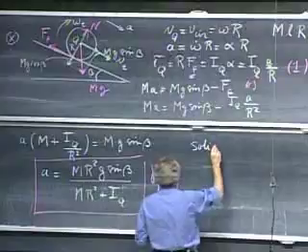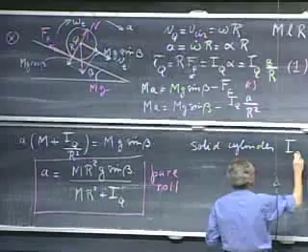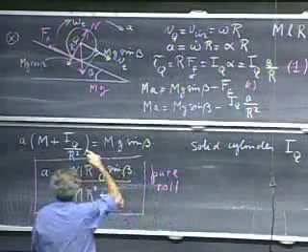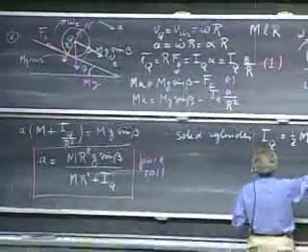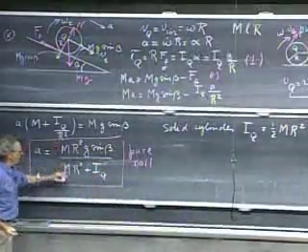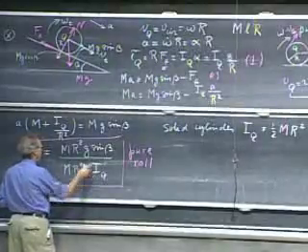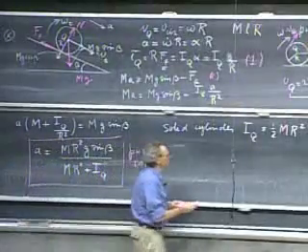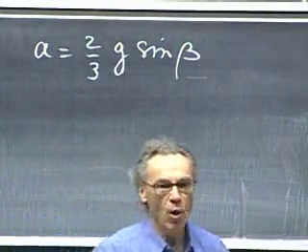If we have a solid cylinder, then the moment of inertia about this axis through the center of mass, which I've called Q, equals 1/2 m r squared. If I substitute that in here, notice that all my m r squareds go away. I get 1 plus 1/2, which is 1.5, upside down becomes 2/3. So A equals 2/3 times g times the sine of beta. There is no M, there is no L, and there is no R.